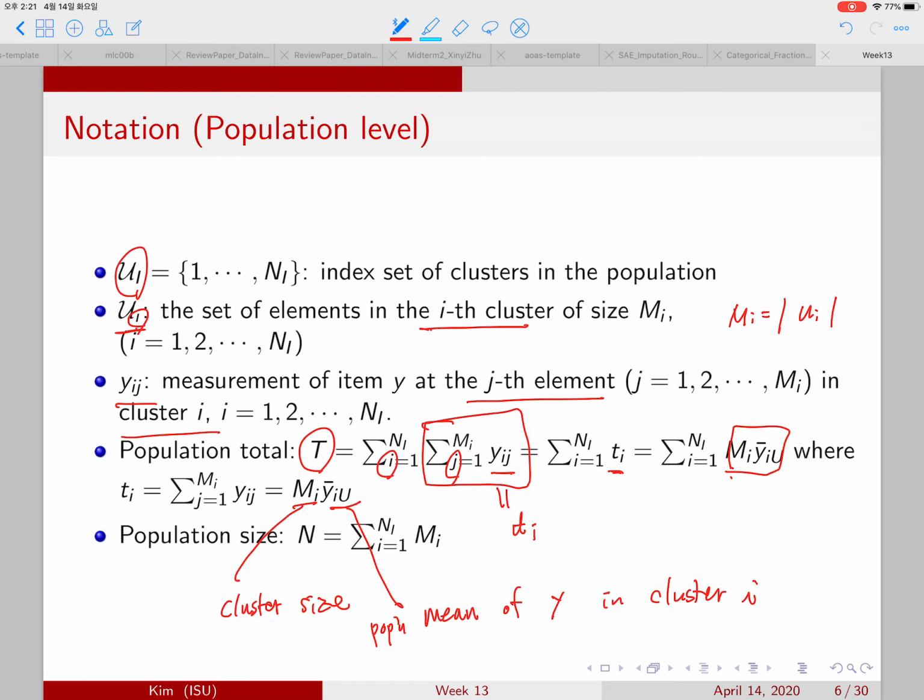Finally, the population size is the total number of elements. That is capital N, and this capital N is not necessarily known. Usually M_i is known, but not capital N.